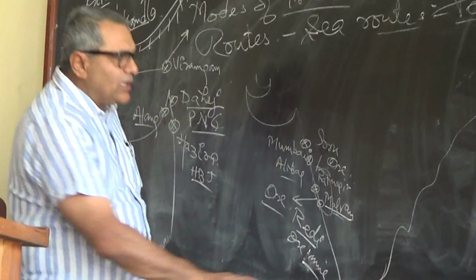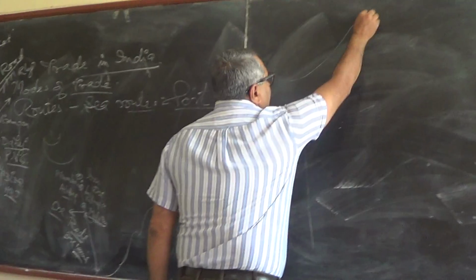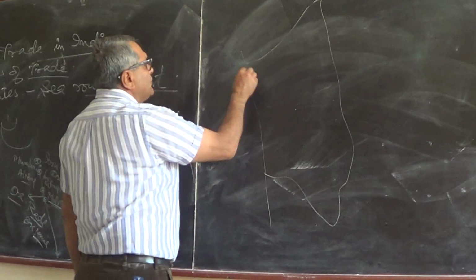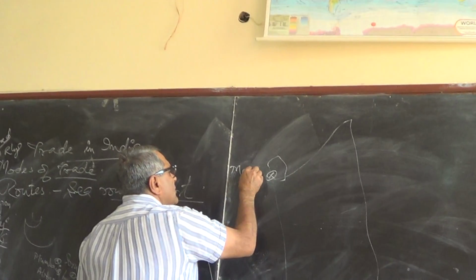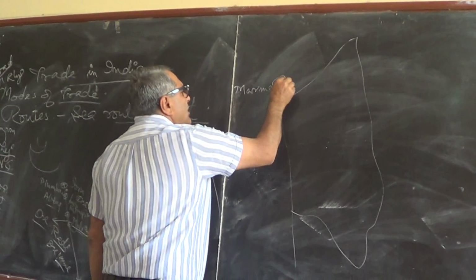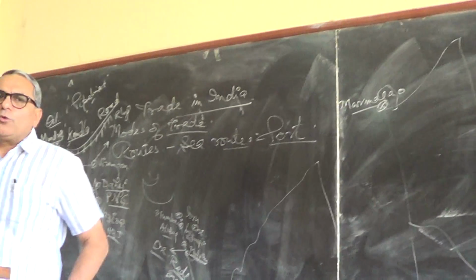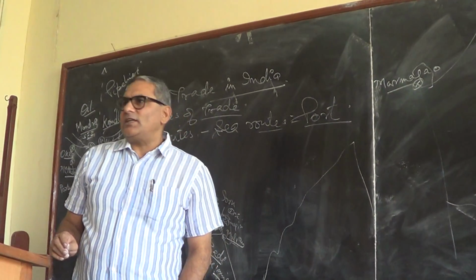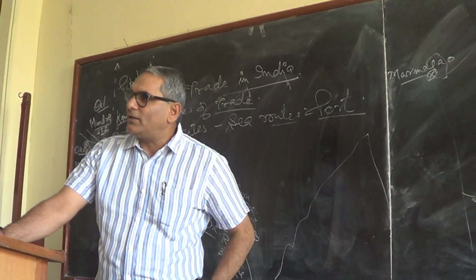If we move to the south, I'll mention some of the names, like in Goa, this is Marmagaon port. You have seen the Marmagaon port when we were approaching the National Centre for Antarctic and Ocean Research.